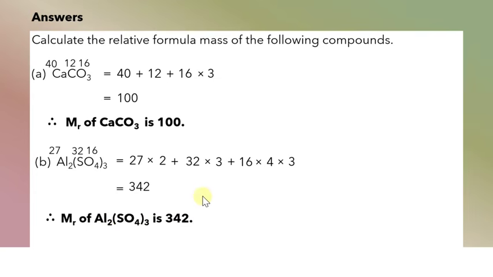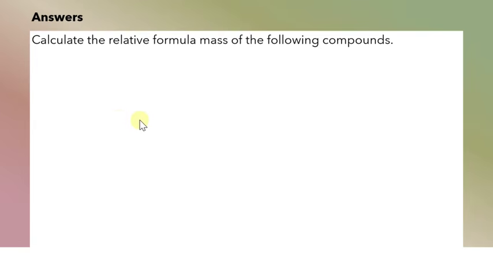Okay, then we move on to another one, which is potassium sulfate. On the periodic table, potassium is 39, sulfur 32, oxygen is 16. So we say 39 times that 2 there, then plus sulfur is just alone here, so it will be 32 plus, then oxygen is 16 times this 4 here.